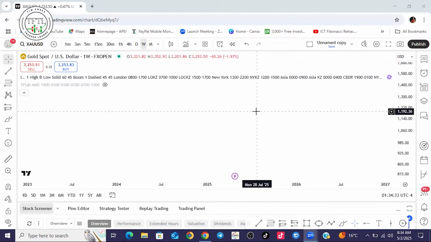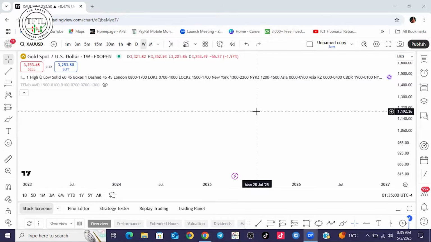I attribute this to my mentor, Michael Huddleston, the author of ICT. For me, it's to break it down in the simplest way possible so you can easily identify the rejection blocks, understand them, and trade them profitably.